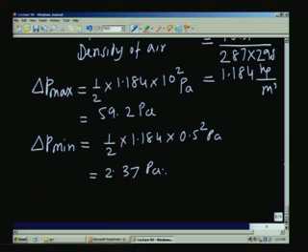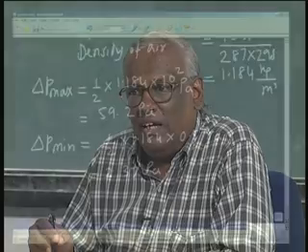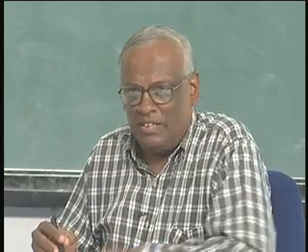So, we are talking about very small delta P. In fact, I will convert this to millimeters of water. So, delta P is equal to rho g h, where h is the height of the water column, g is the acceleration due to gravity, and rho is the density of water. I will take the density of water simply as 1000 for the sake of simplicity.